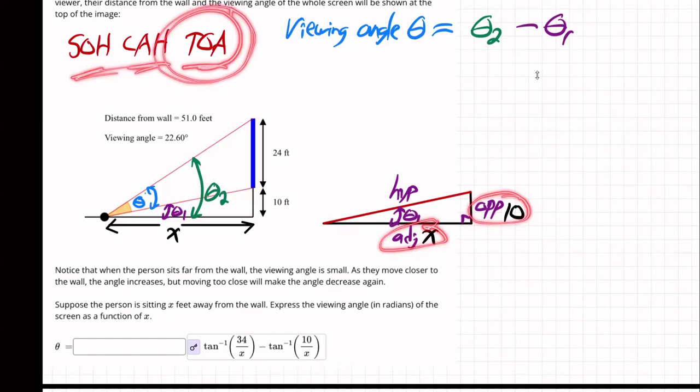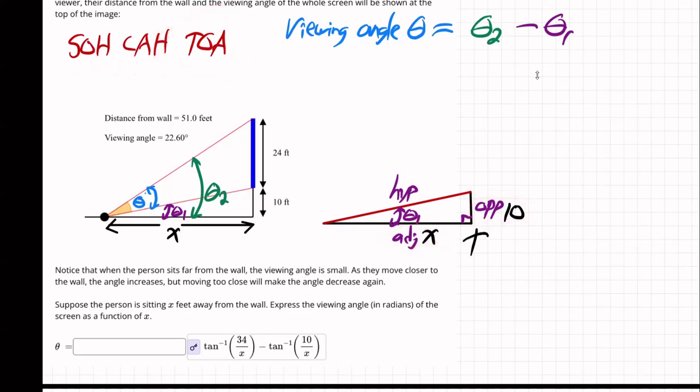Tangent. So that means the tangent of theta 1 equals 10 over x, because that's opposite and that's adjacent. That's sloppy writing.